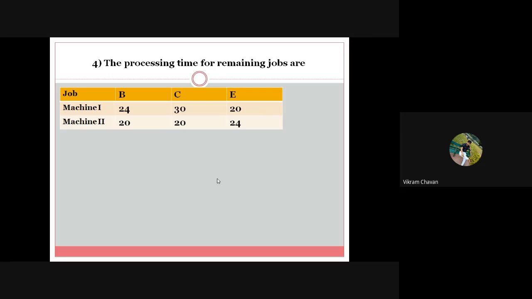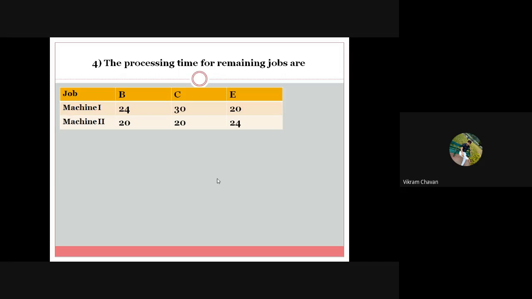Okay. So please draw this table, and we will go to the next point about this problem. Draw the table. If you have any doubt, you can ask. Okay.